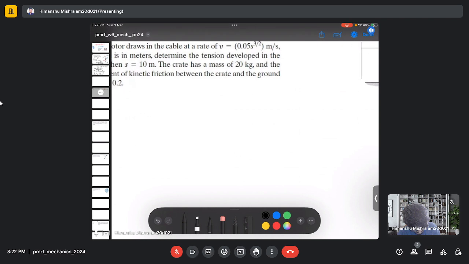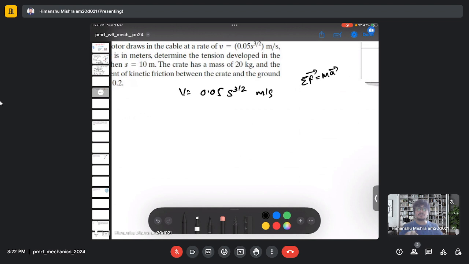So the velocity we have given is a function of distance, which is 0.05 s to the power 3 by 2 meter per second. Now, in order to do the force balance analysis, it is clear from the above problem that the force can be written in terms of mass into acceleration.